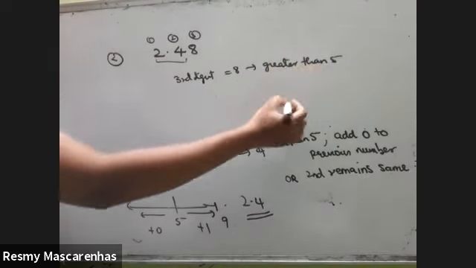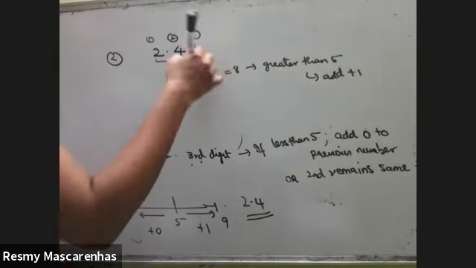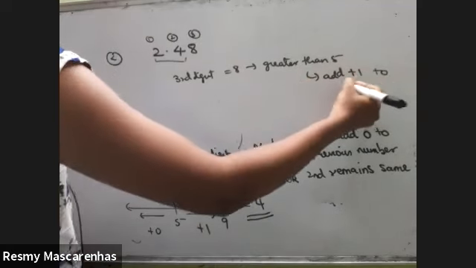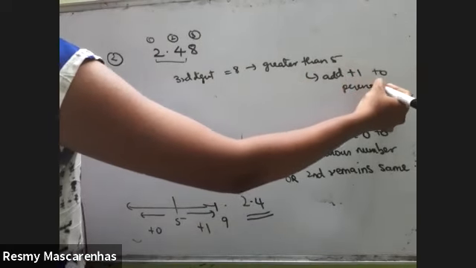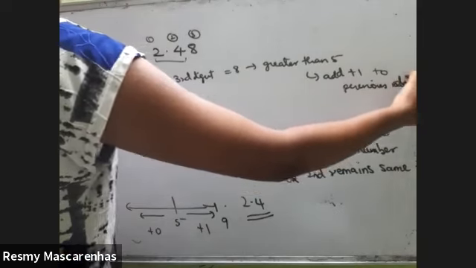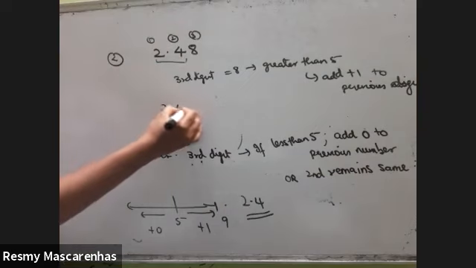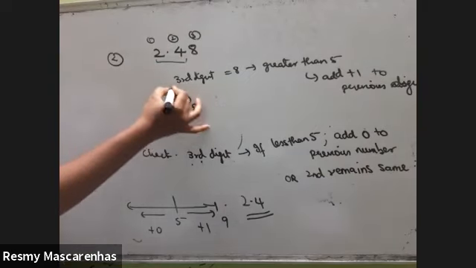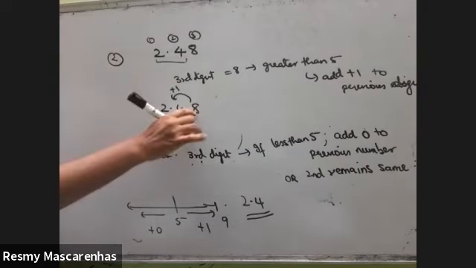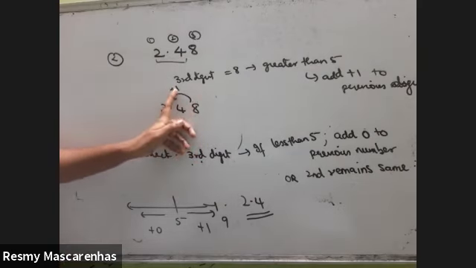If the number is greater than 5, add 1 to the previous digit. So what is going to happen? This will be dropped off, and this one's value became plus 1. Why?